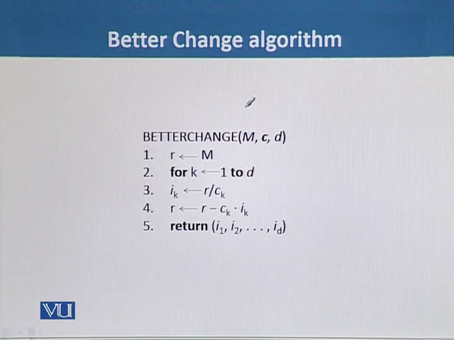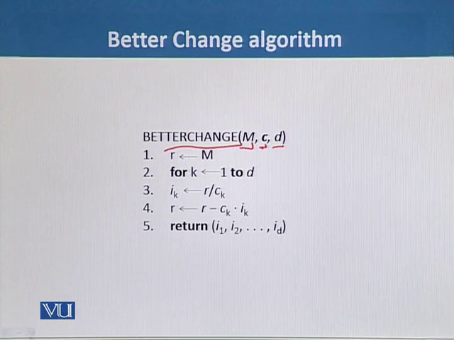So we will see this better change algorithm. Here M is the total amount of change we will get from the cashier, C is the coins, and D is the denominations.